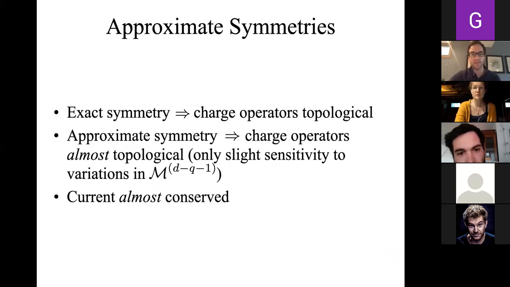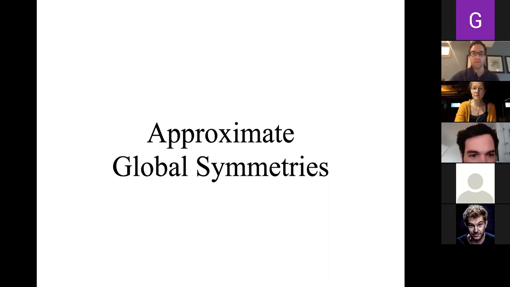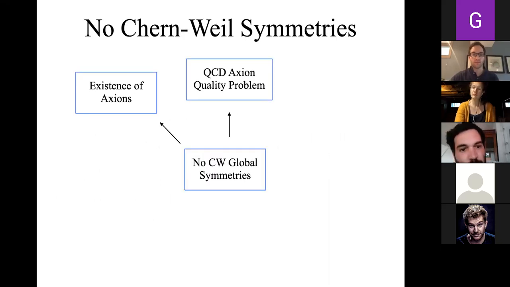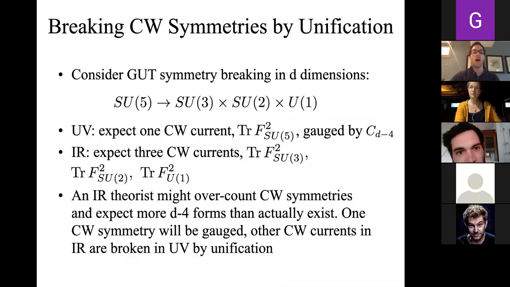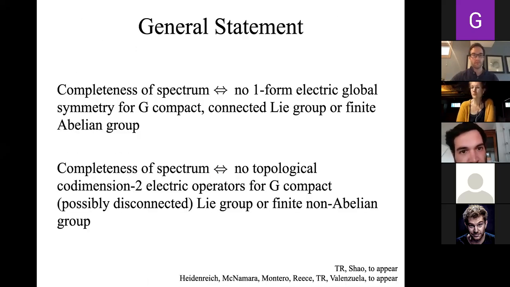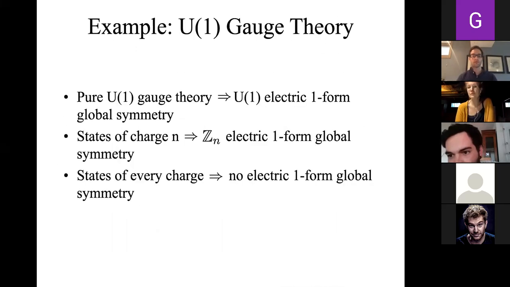Which slide? There was a slide in which you said that if we assume the completeness hypothesis in just QED, the one-form electric global symmetry is broken completely. I'm asking, can you just have two fermions with coprime charges and break completely this symmetry?